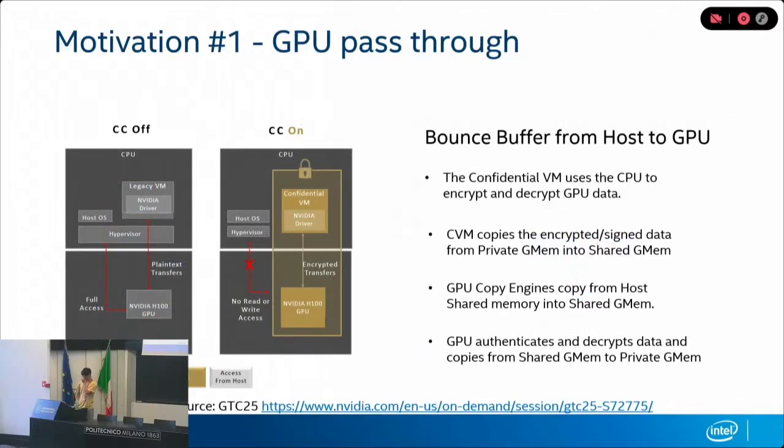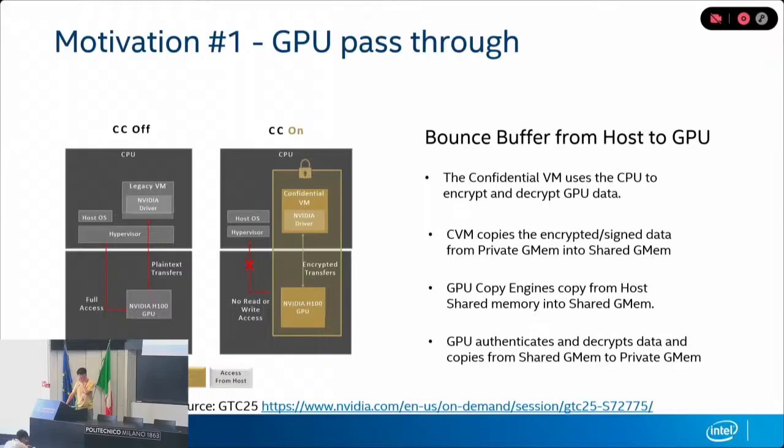So why are we doing this work? First, we want to support device assignment to improve the I/O efficiency in the confidential VM. This slide is actually from GTC 25. It's a GPU pass-through. As you know, some GPU models support confidential computing mode.